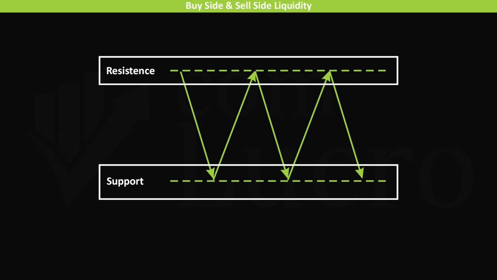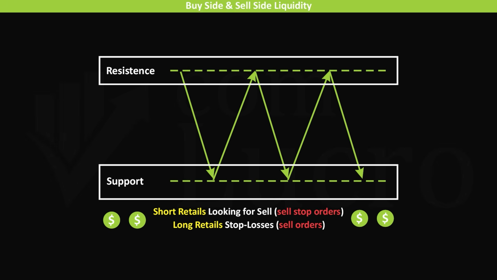Retail traders typically look to buy when price approaches a lower boundary or a perceived support area, placing their stop losses just below it. This creates a concentration of orders beneath that zone, made up of the stop losses of buyers, ready to be triggered. In addition, it often includes sell stop orders from traders expecting a breakdown, believing price will continue lower once that level is taken.